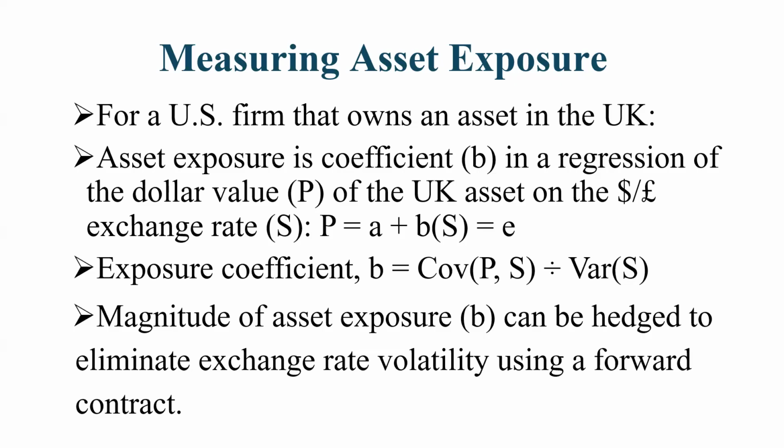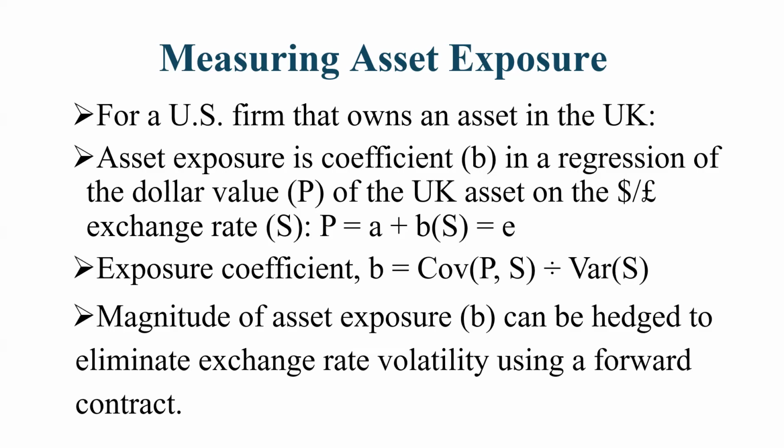Now, the regression coefficient B is calculated by dividing the covariance of P and S. And that's the dependent and independent variable in the regression, all right? So again, the regression coefficient B is calculated by dividing the covariance of the independent and dependent variable by the variance of the independent variable.